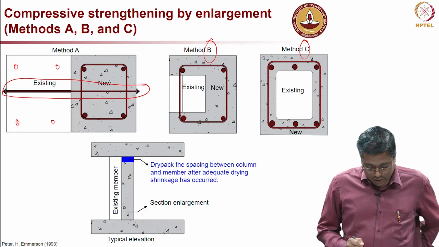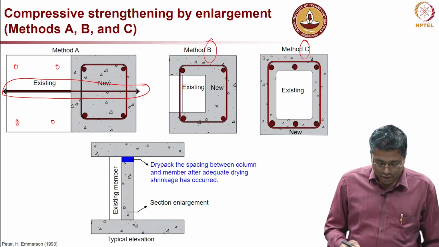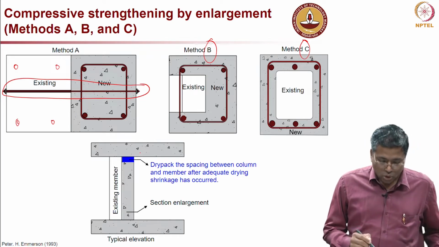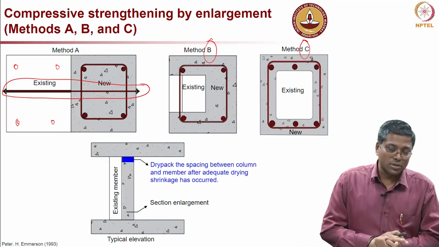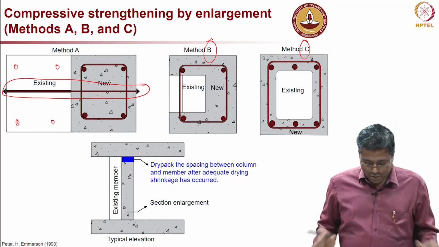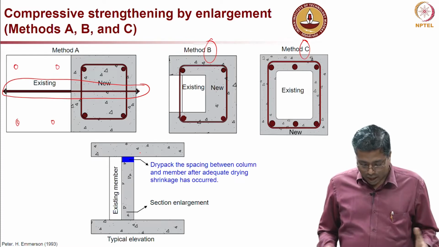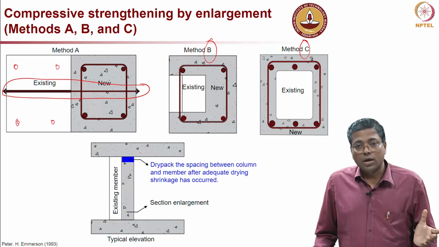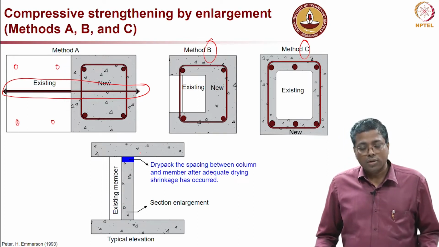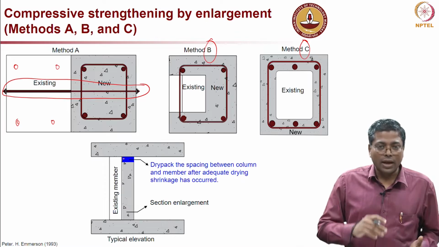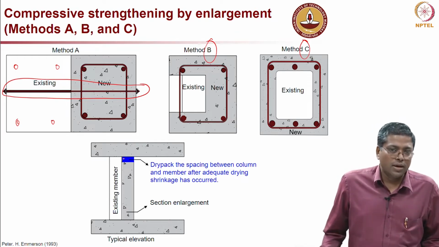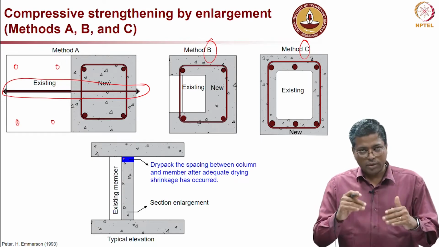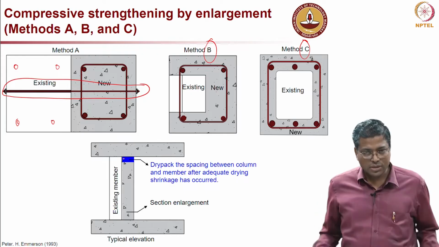Now, the sketch at the bottom shows the elevation of these types of systems. The main thing to show is that columns are supposed to take the compression loads. During compressive action, what might happen is that if the new material starts shrinking, over a period of time the length of the new material can decrease a little bit, and then it will probably get detached from the roof element or the beam above which it is kept.